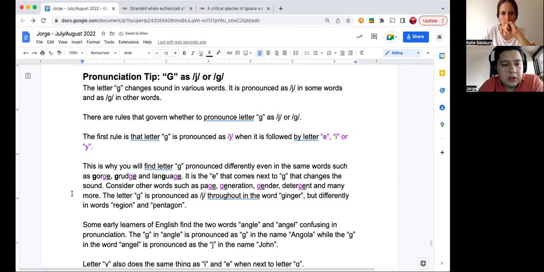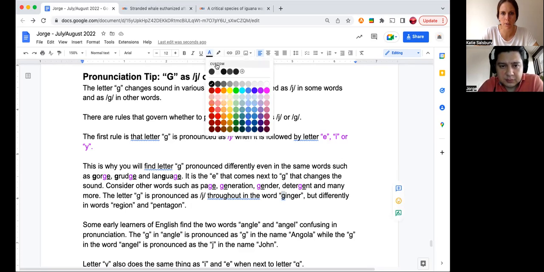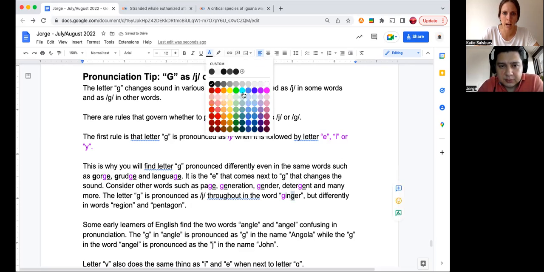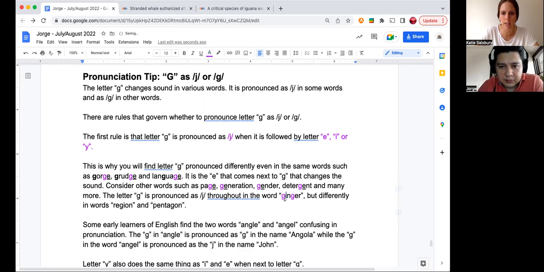The letter G is pronounced as J throughout in the word ginger, but differently in words region and pentagon. So we have ginger. In this case, both of them are pronounced as a J because they are followed by an I or an E, and that's the rule.